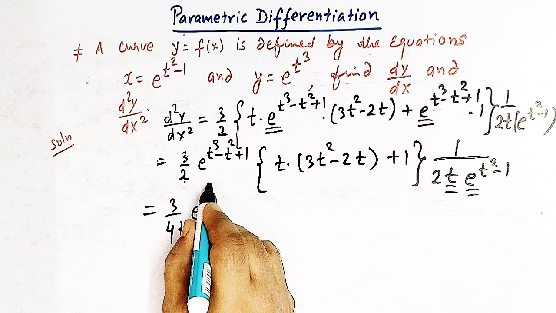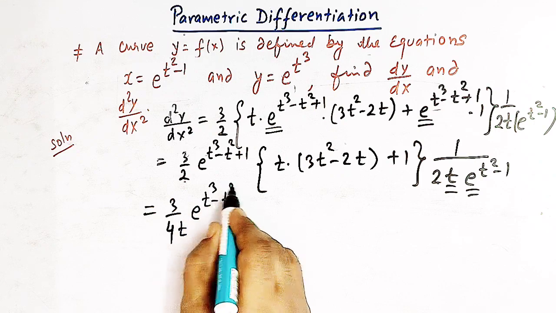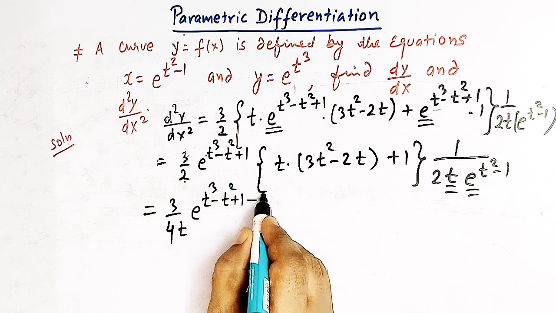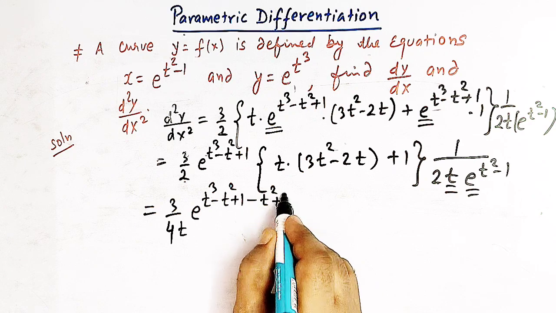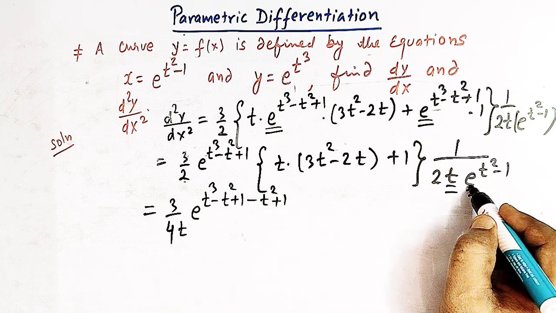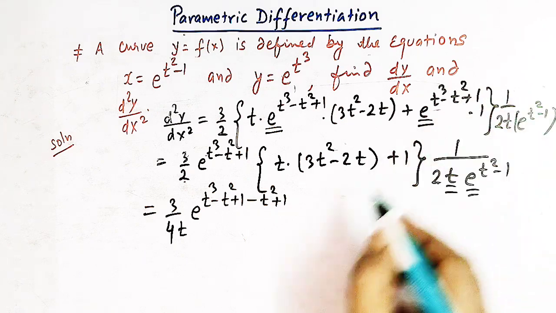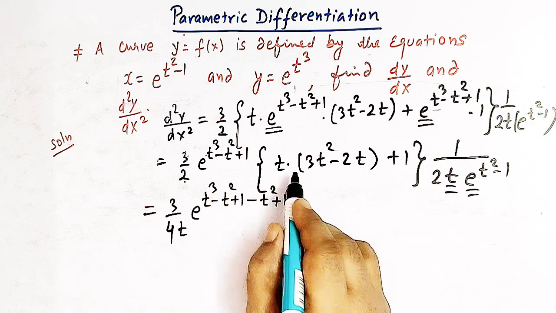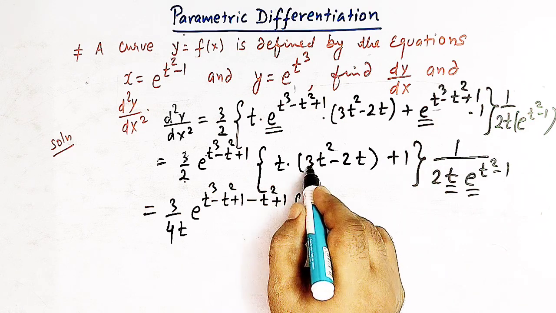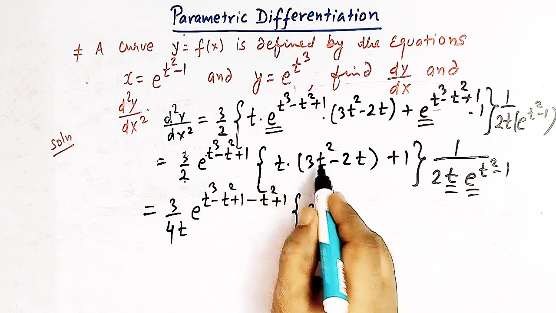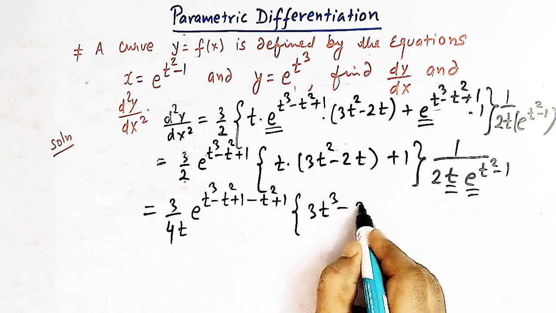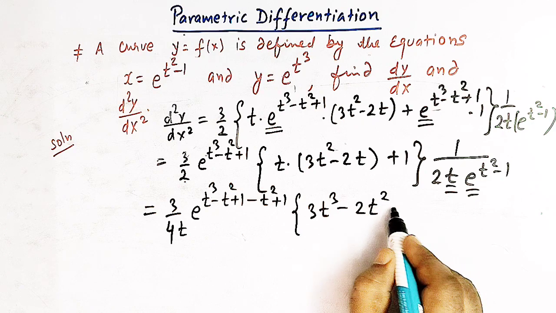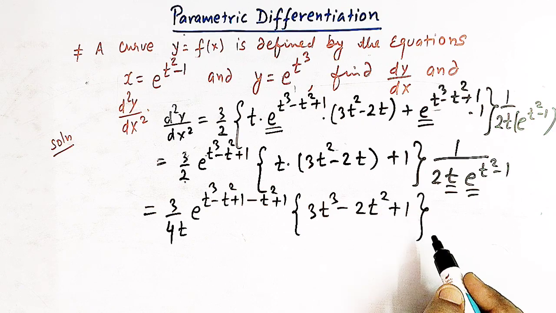So we have e raised to t cube minus t square plus 1 minus t square and plus 1, right? So taking e raised to t square minus 1 to the numerator, and here we have 3t cube minus 2t square plus 1, right?